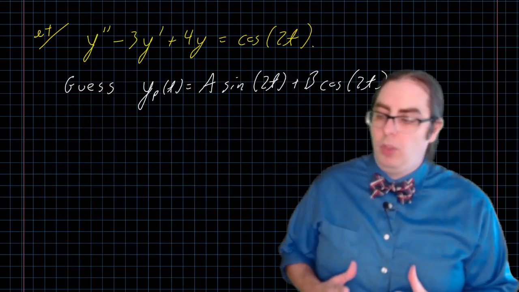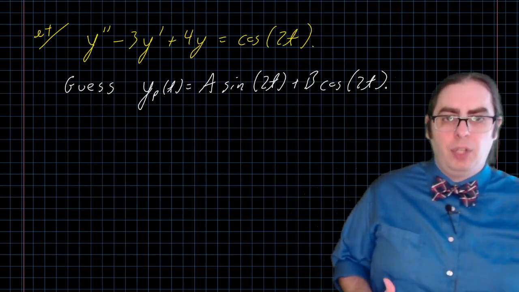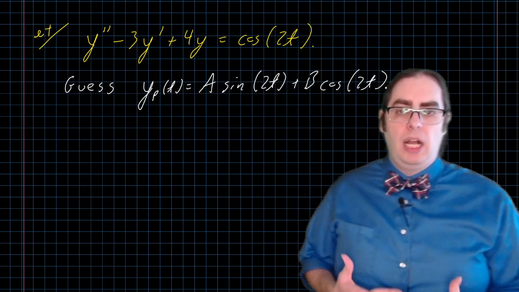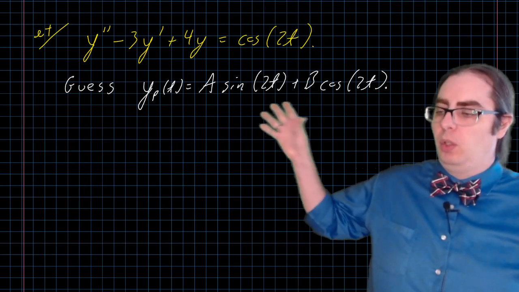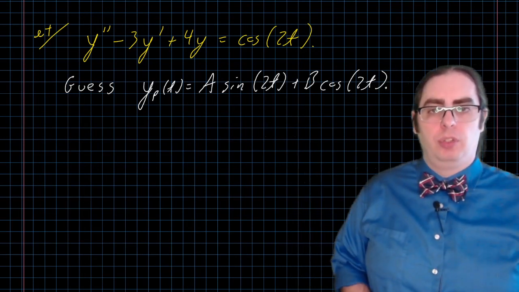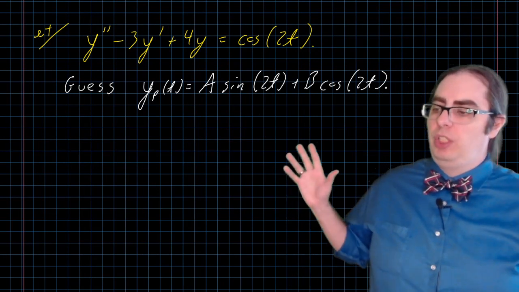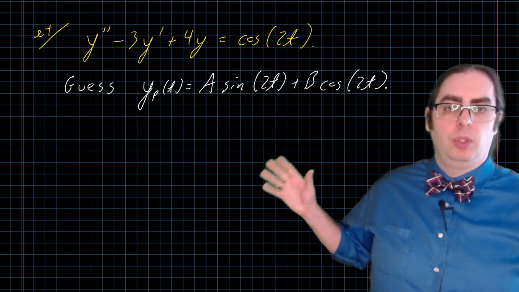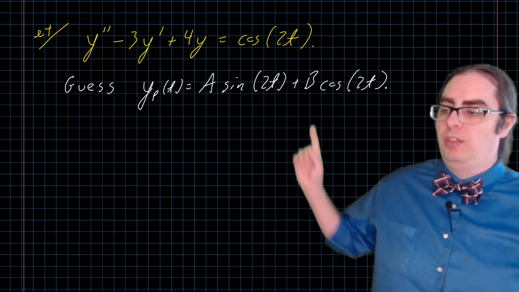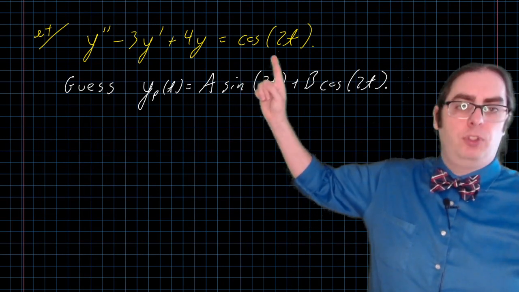So I will give you the lead here. Again, I'll talk in the next video about how to determine what kind of particular solution to guess. But for this one, I'm just going to give you that you should guess that the particular solution is going to involve sines and cosines of the same argument we have, 2t.